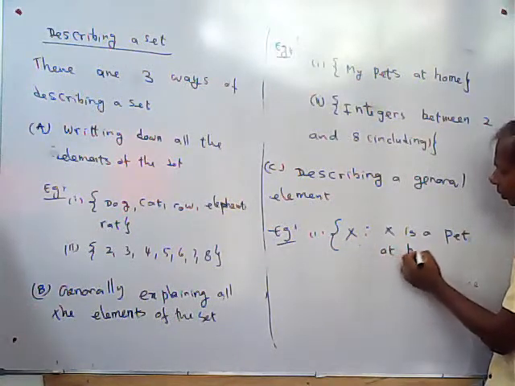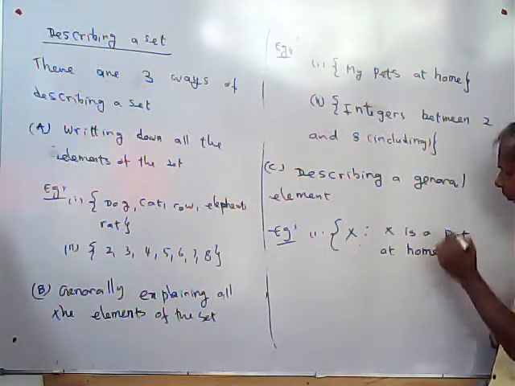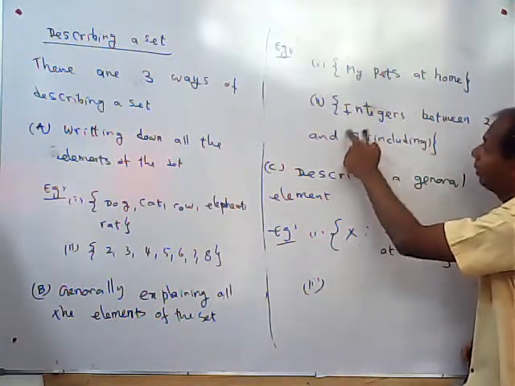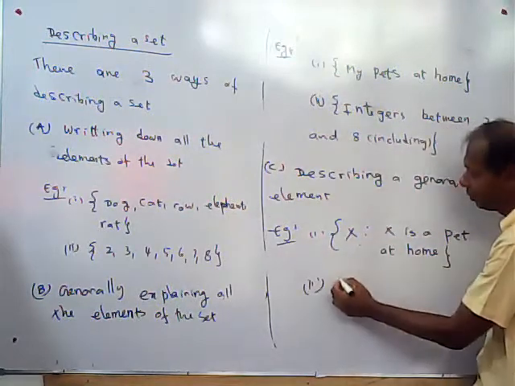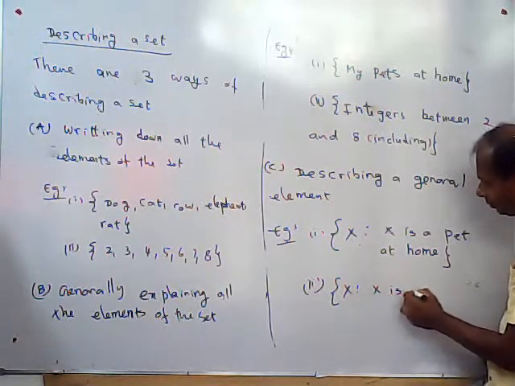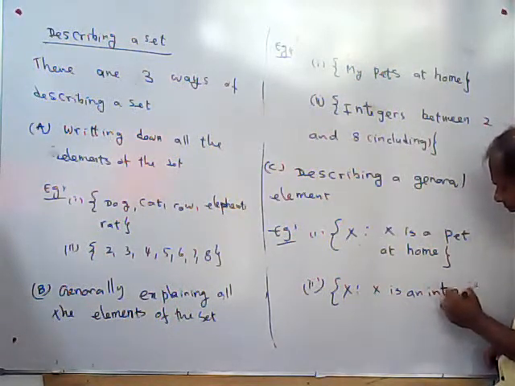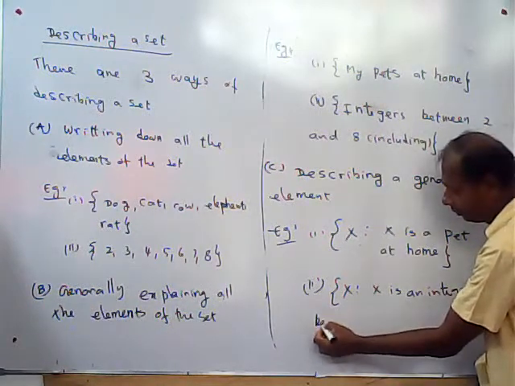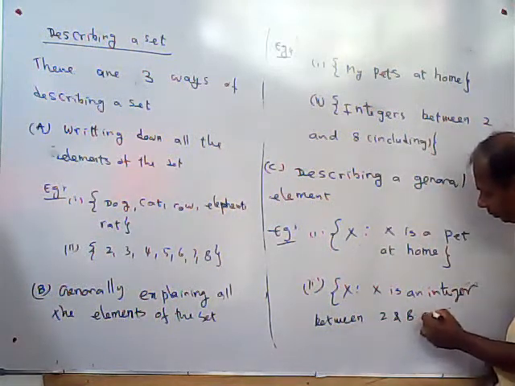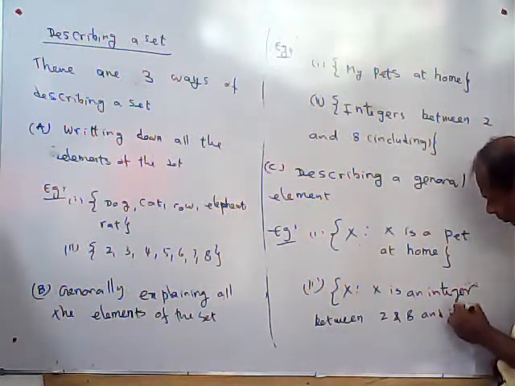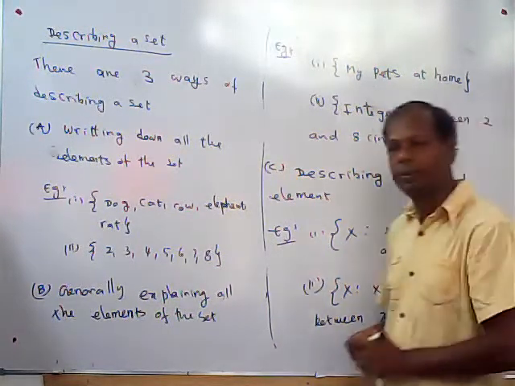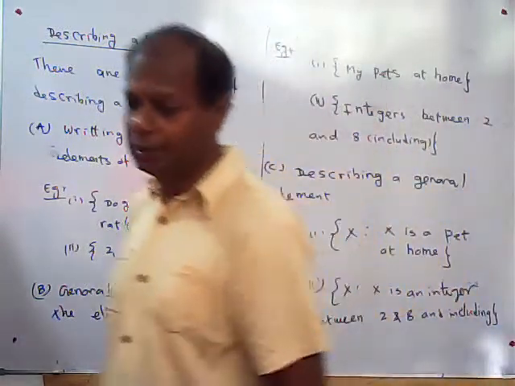X is a pet at home. Now, number 2, the same thing you can give as x. X is an integer between 2 and 8 and including. Right. So these are the three ways that you can describe a set.